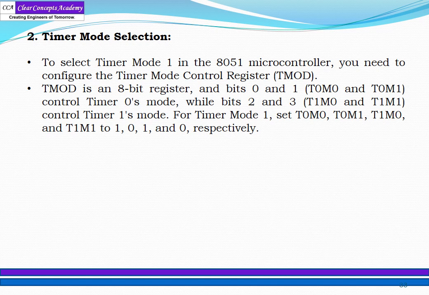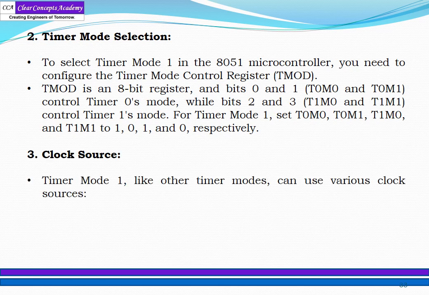That means by setting these, you are setting the modes of the timers. How to set the modes we have already seen while discussing the TMOD register. Clock source: as discussed earlier, you can use either of the clock modes.